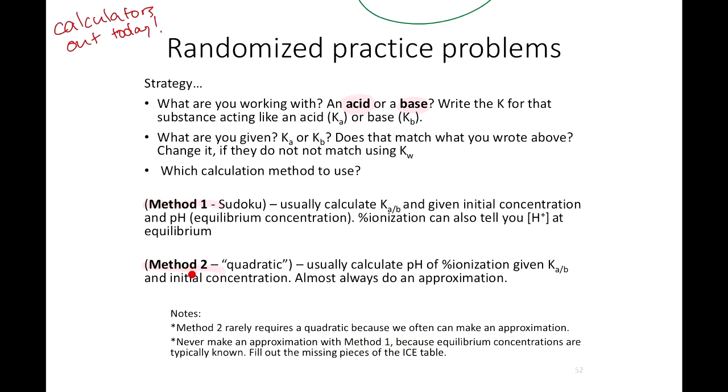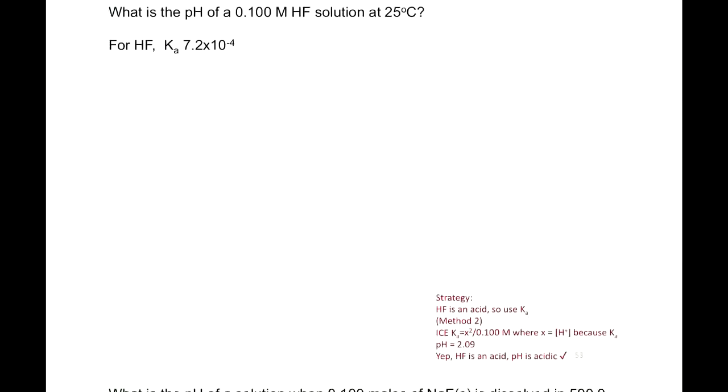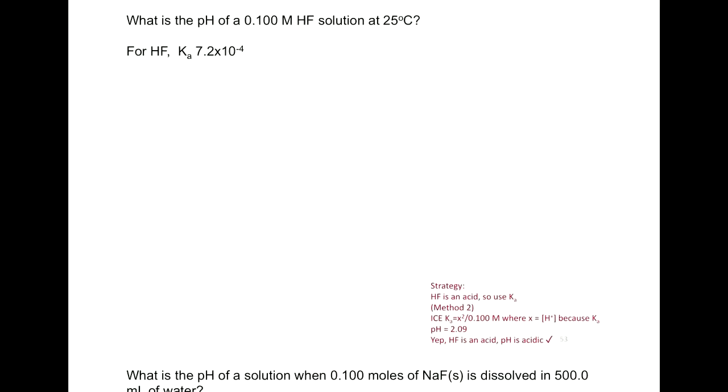Versus method two, this requires the quadratic, or like 99% of the time we use an approximation, where we're given Ka, but we want to calculate pH, so the equilibrium line. So I have an assortment of questions for us to attack, and so let's see if we can conquer these. All right, so always be asking yourselves, acid or base? What K should I use? And then finally, what kind of method am I using the ice table?